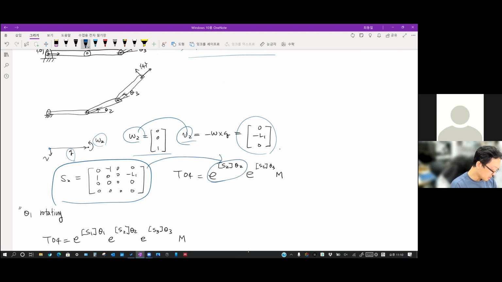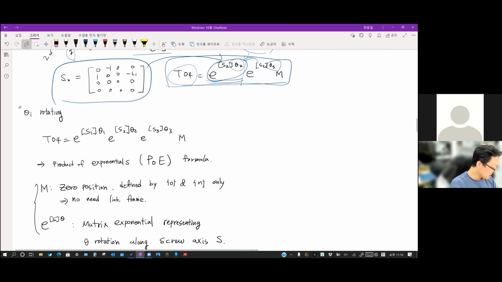And then we multiply one more time by pre-multiplying here. And when there is motion of theta 2 and theta 3, the T04 becomes like this. And one more time, if there is theta 1 rotation, it becomes like this. So it becomes the product of exponentials.